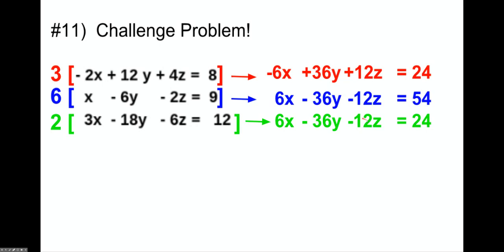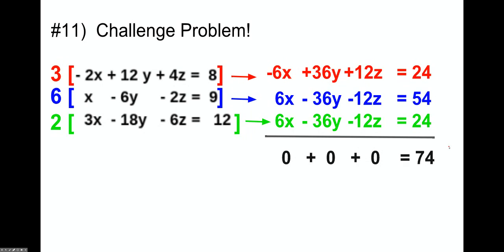It will also cancel out. If you switch the sign on the 54, it's still not going to cancel out because they're different. So the answer to this is going to be 0 plus 0 plus 0 equals some number, which is not 0. So no matter how you look at it, it's going to give you a lie. So it's no solution.